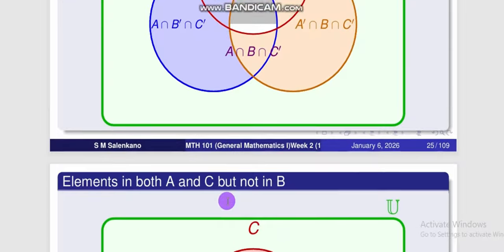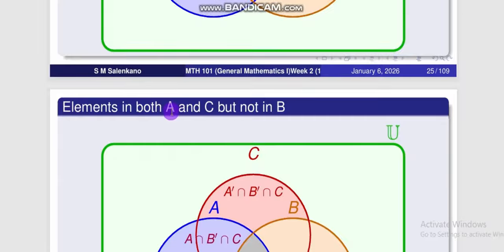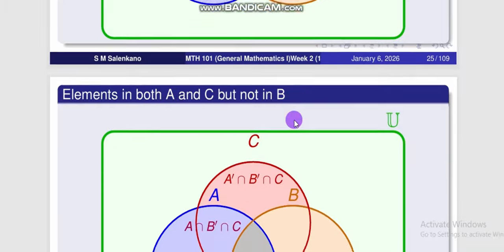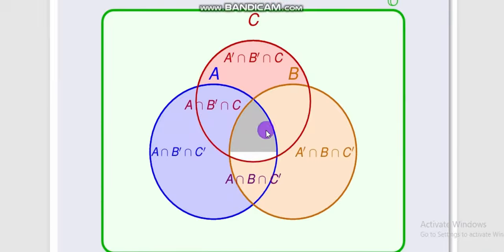Then the next one is elements in both A and C but not in B. Which region are we dedicating for that? A and C. You see, this is the region here. We have A here, we have C here. But B did not extend to this region.